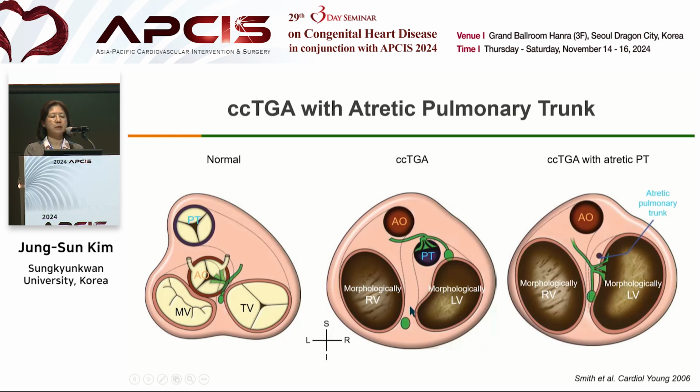In this case, the posterior AV node is connected to the atrioventricular bundle, or makes a kind of sling atrioventricular conduction system between the posterior and anterior atrioventricular nodes.